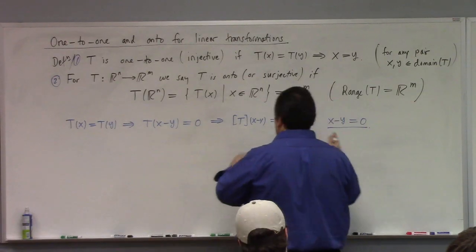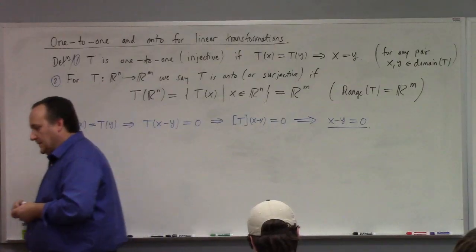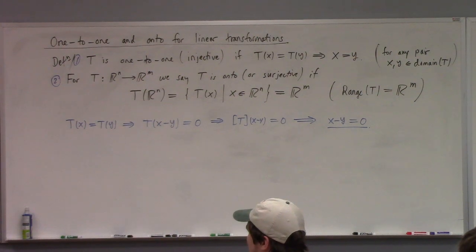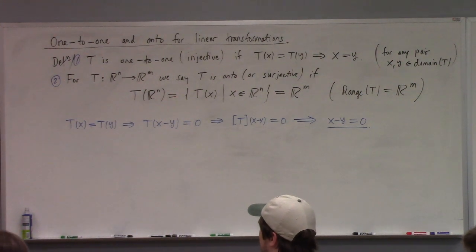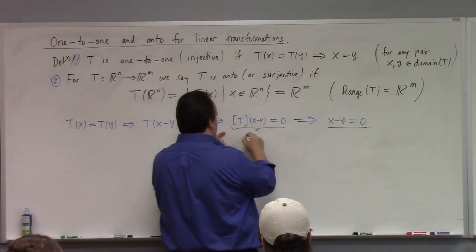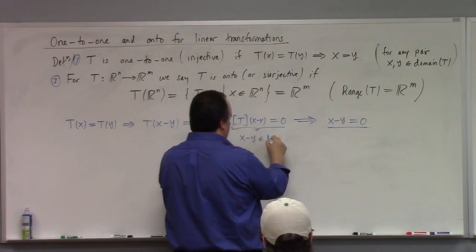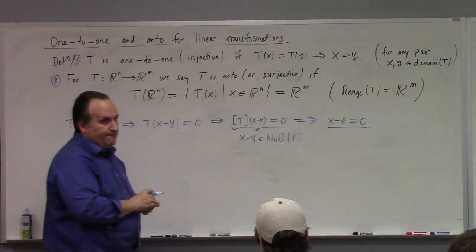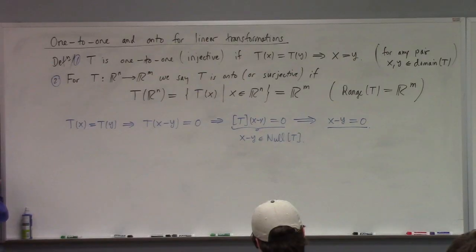See, if the only thing in the kernel, excuse me, my bad, my Math 320 was showing, if the only thing in the null space is 0, that's what we want. So remember, this means that x minus y is an element of the null space of T. If there's something in the null space which is not 0, that's a problem. Do you see why?